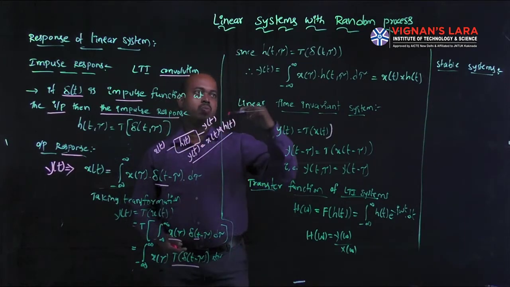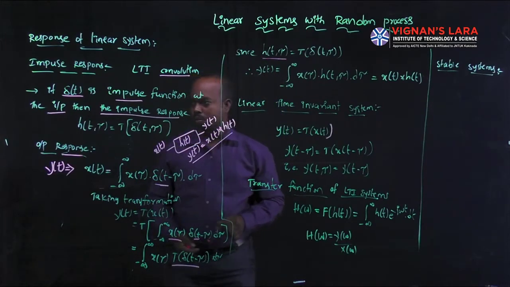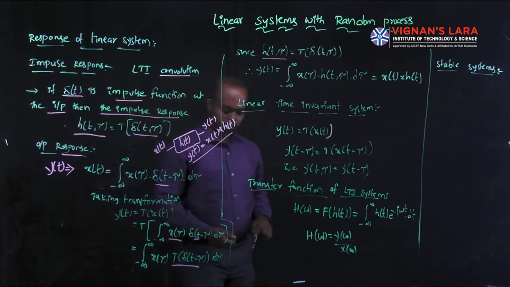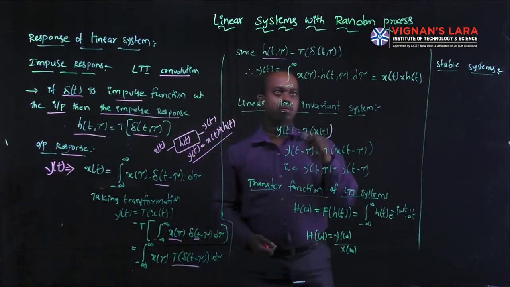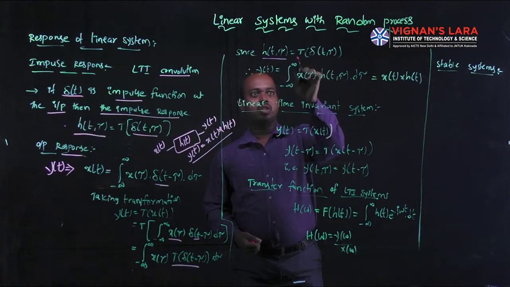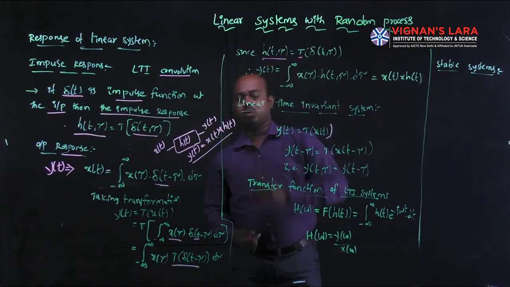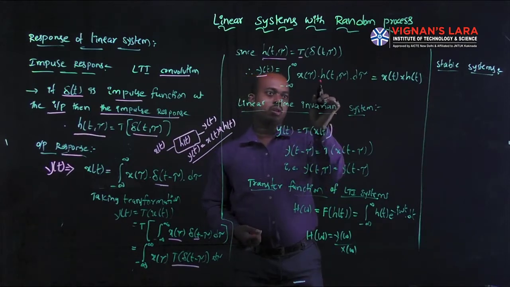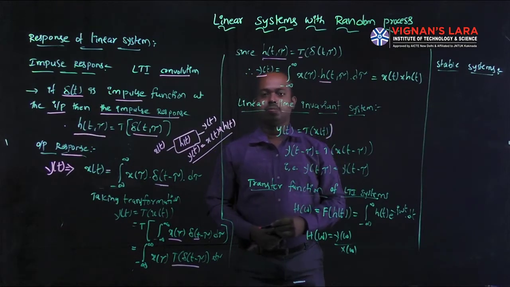The system response is h(t, tau), as we already saw here. This one is the system response, and this one is the impulse function. The transformation of the impulse function is the system function.